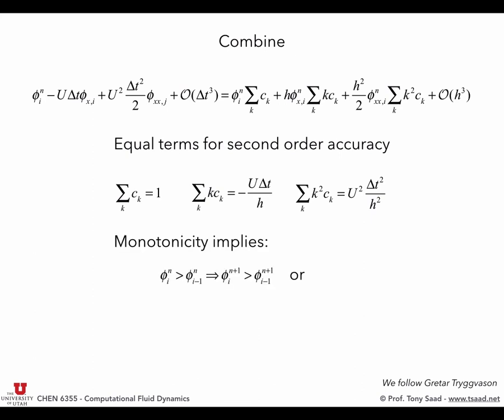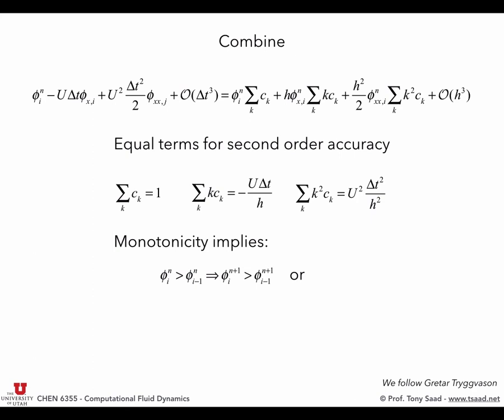It implies that if phi_i at n is greater than phi_{i-1} at n, so if one point is greater than the previous point, then at the next time step, if we want to preserve monotonicity, then phi_i^(n+1) should also be greater than phi_{i-1}^(n+1), right?